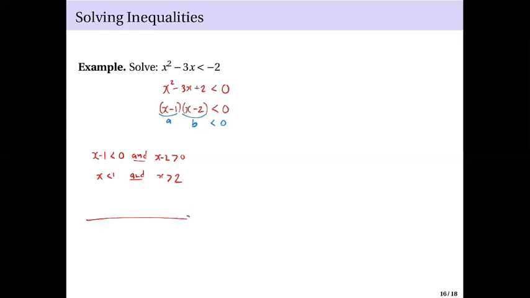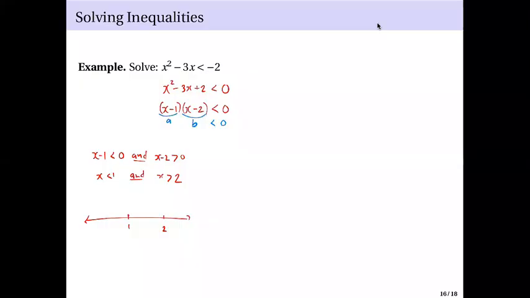So graphically, let's put 1 in here, 2 in here. For this inequality here, x less than 1, we have this open parenthesis, and it's opening to the left because we want our x to be less than.